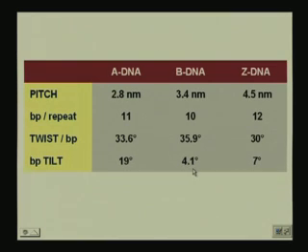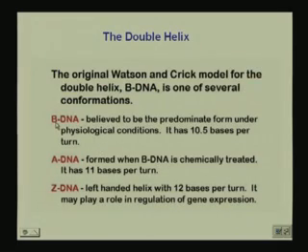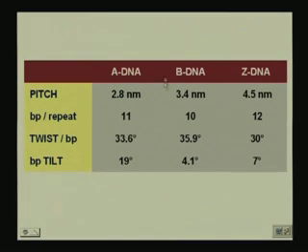So, of the 3 DNAs, the B-DNA, the A-DNA and the Z-DNA, the most common structure that we will be considering is just the B-DNA. That has about 10 base pairs per turn, 3.4 nanometers and a base pair tilt of 4 degrees.